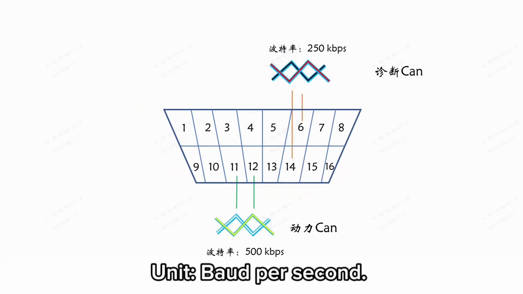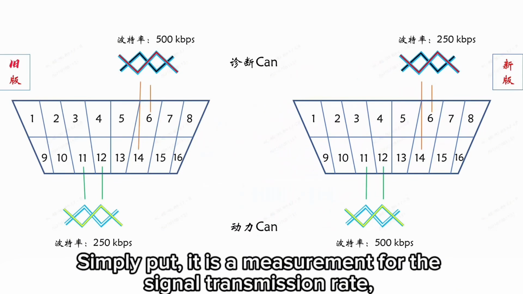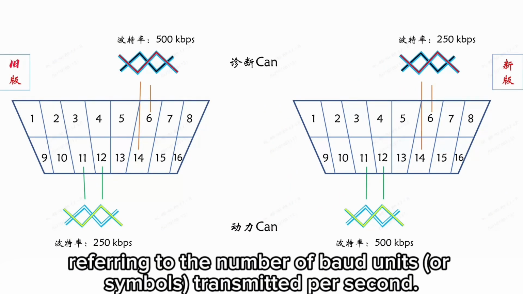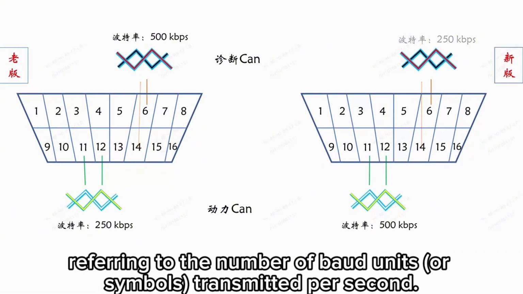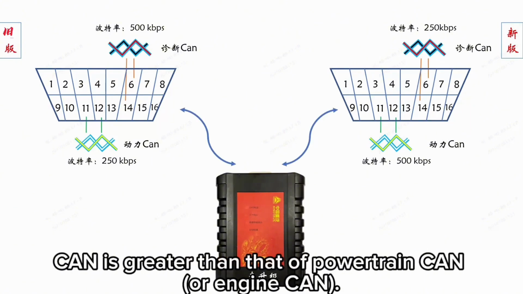Simply put, it is a measurement of signal transmission rate. Obviously, the transmission speed of diagnostic CAN is greater than that of powertrain CAN or engine CAN.